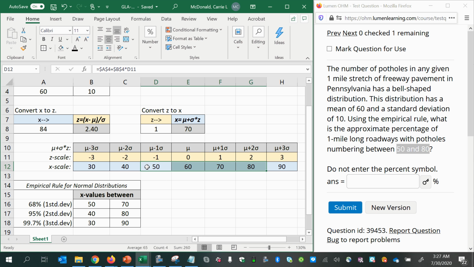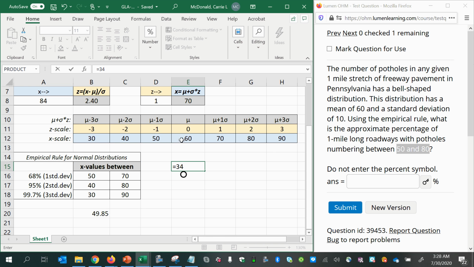Okay, so we know that half of 68 is going to be from 50 to 60. So between 50 and 60, we have 34%. And from 60 all the way to 80, that's 2 standard deviations. That's half of 95%.